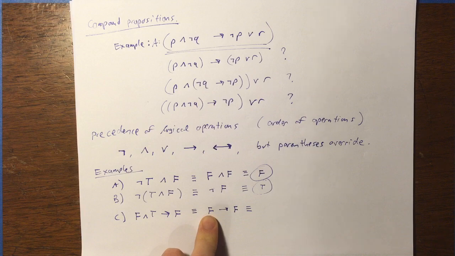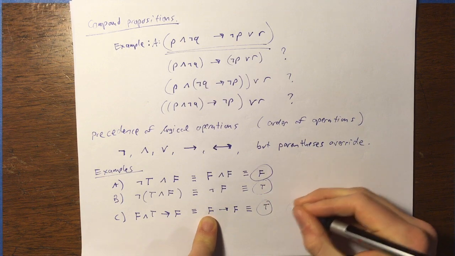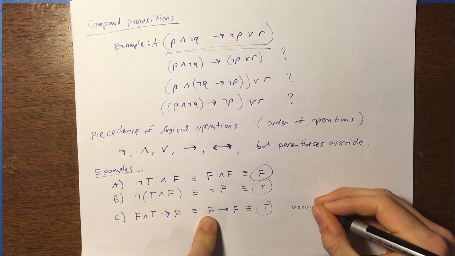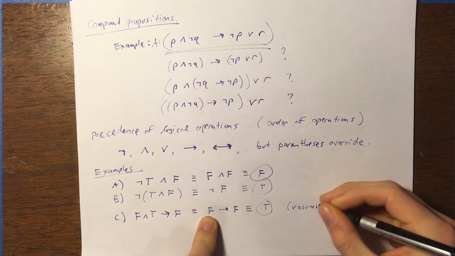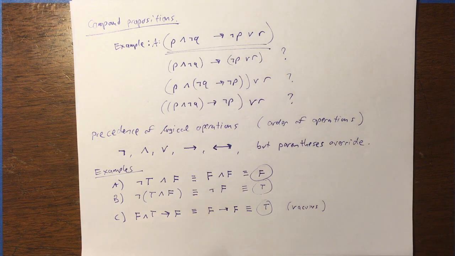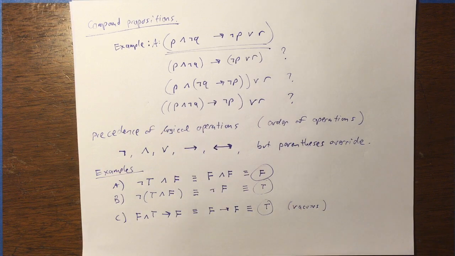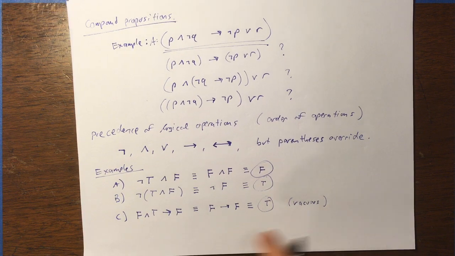The first part here is false, so that means it's going to be vacuously true. So this whole thing is true. That's vacuous truth. By the way, I'm writing vacuous not because it is some special qualifier on the truth of that statement. No, it's actually true. I don't need to qualify it. I'm just writing vacuous as a reminder that the reason this is true is because of that vacuous truth.